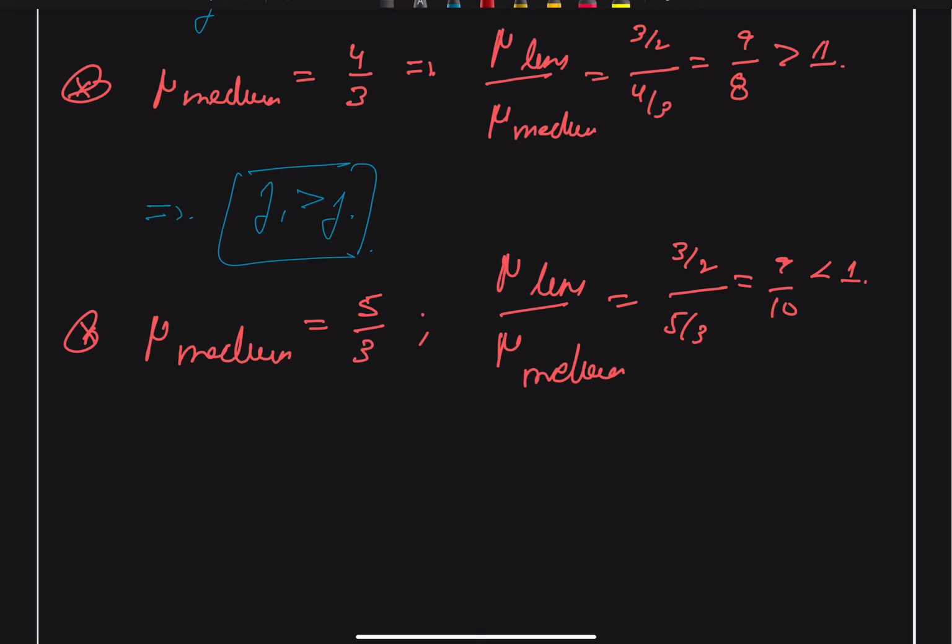In the first case it behaves like a converging lens, and in the second case it is going to behave like a diverging lens.